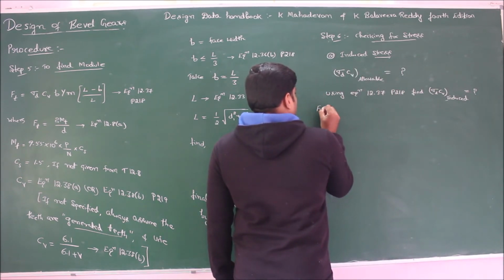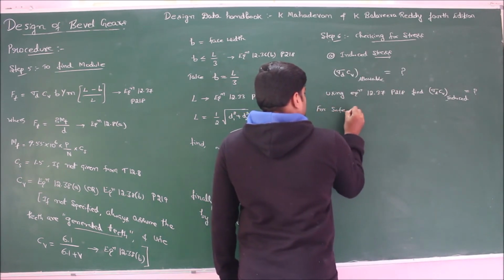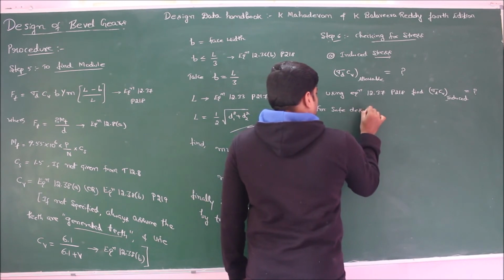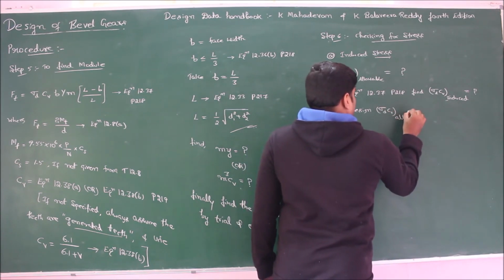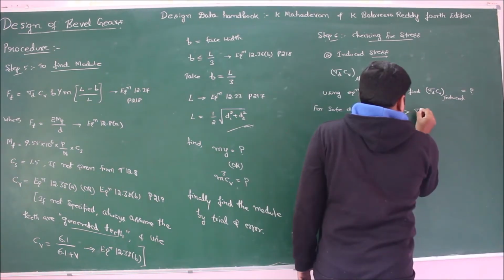For safe design, sigma d cv allowable should be greater than sigma d cv induced.